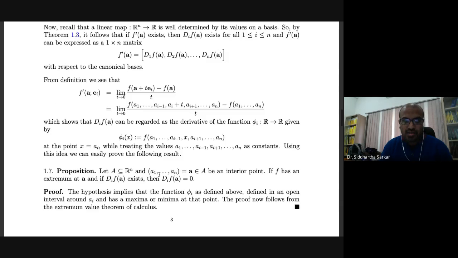This theorem says: if you take a subset in Rn and pick a particular point a which is an interior point, and assume that f has either a maximum or a minimum at that point a, and assume that the directional derivatives at a in the canonical axis directions exist, then immediately DiF(a) vanishes.